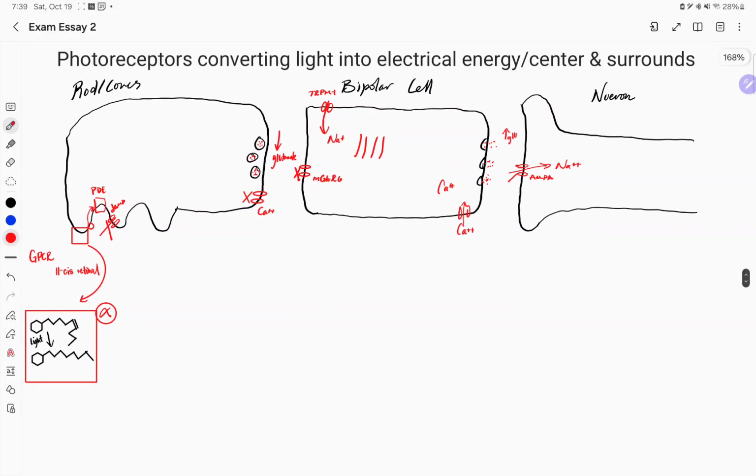And when we have high amounts of sodium coming into the neuron, action potentials are created, and these action potentials are going to tell the brain that we're perceiving light, which makes sense because here light hit this 11-cis-retinol and caused this whole chain of events to cause the neuron to say, hey, there's light.